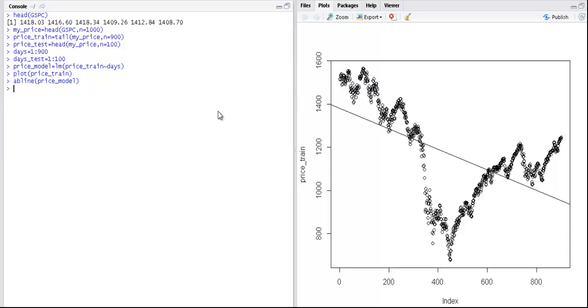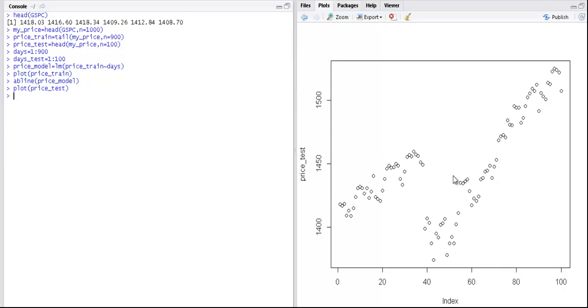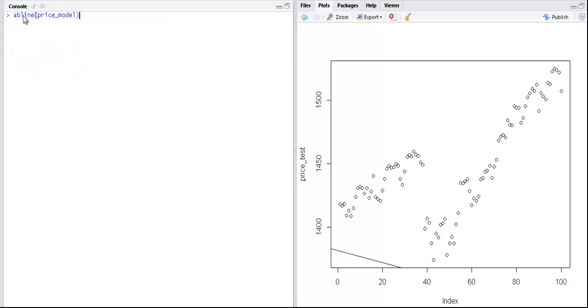So I just go plot price test, and I can see that's what happened next. So I just go abline price model to get what the prediction is.